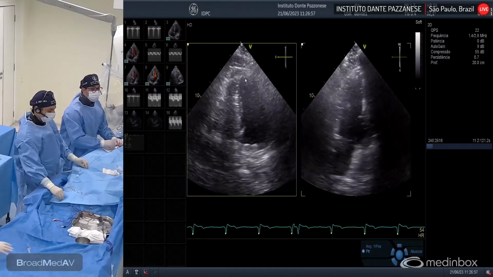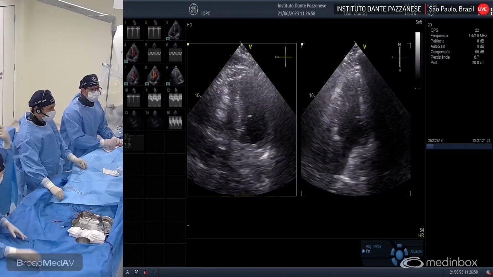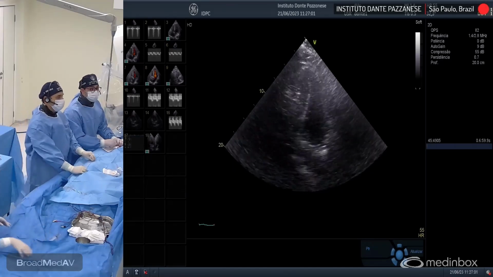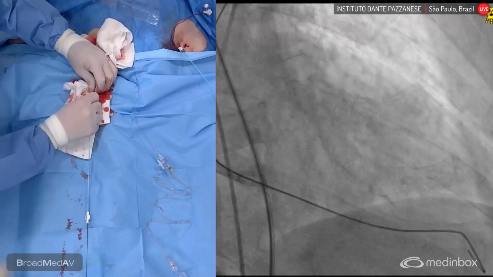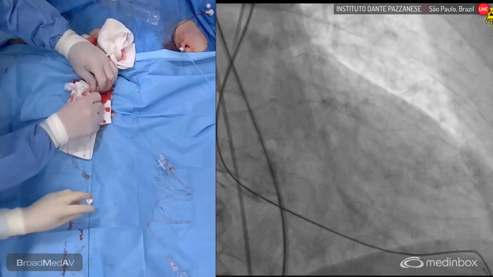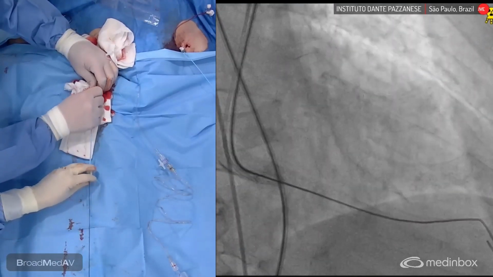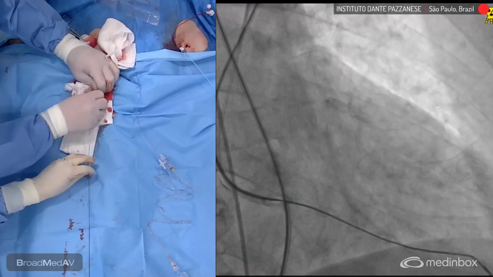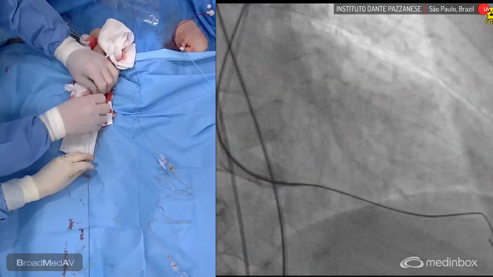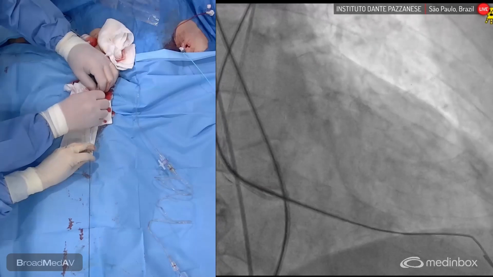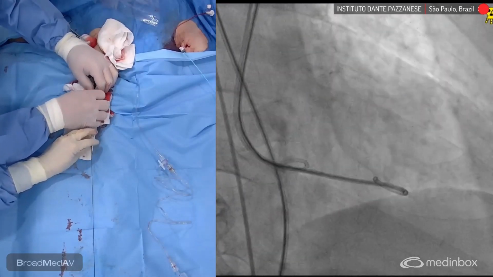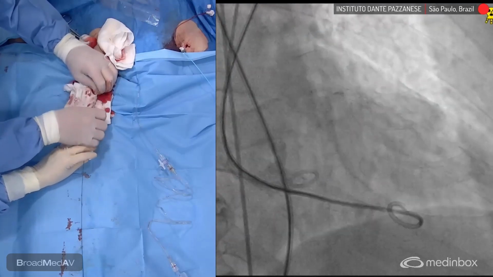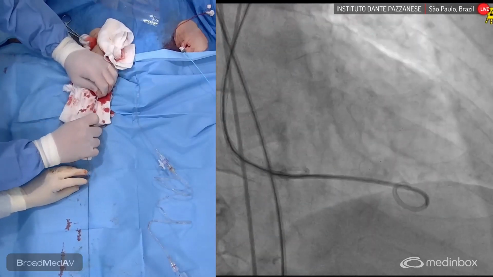Good. So Fausto, thank you. Can you now change for the angle, please? Okay, great. Now we remove the unplatched catheter. Fausto, obviously after crossing the aortic valve with the unplatched diagnostic catheter, it's possible to insert the pre-shaped wire, I mean the stiff wire.